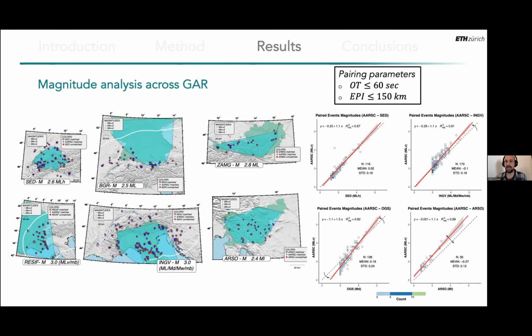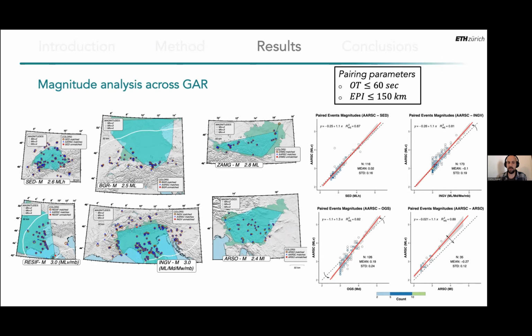For instance, in this OGS scaling, we clearly see that in our magnitude scale, we underestimate the magnitudes at lower magnitudes reported by OGS, while there is a trend of overestimating higher magnitude events compared to the ones in OGS.